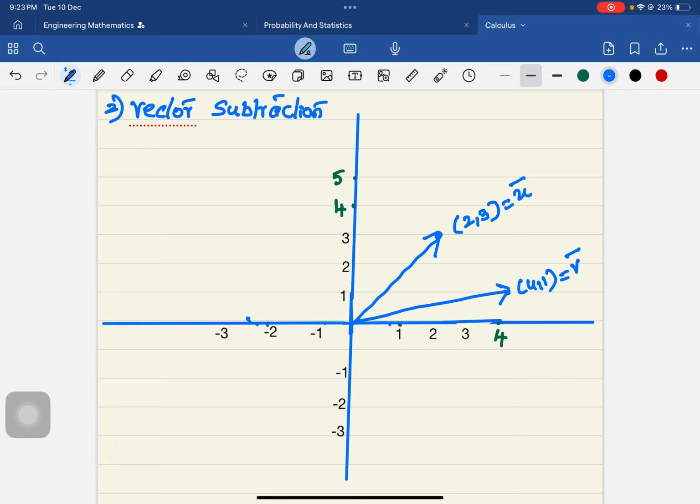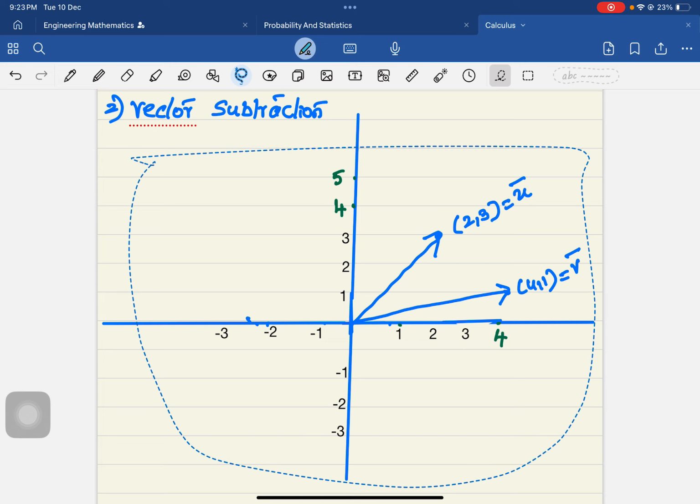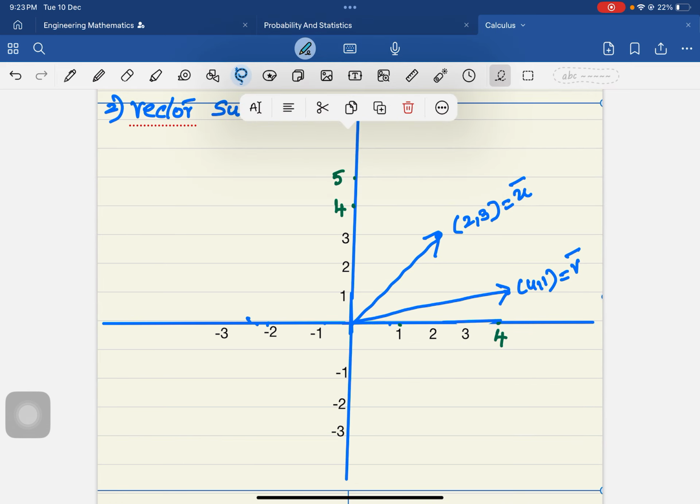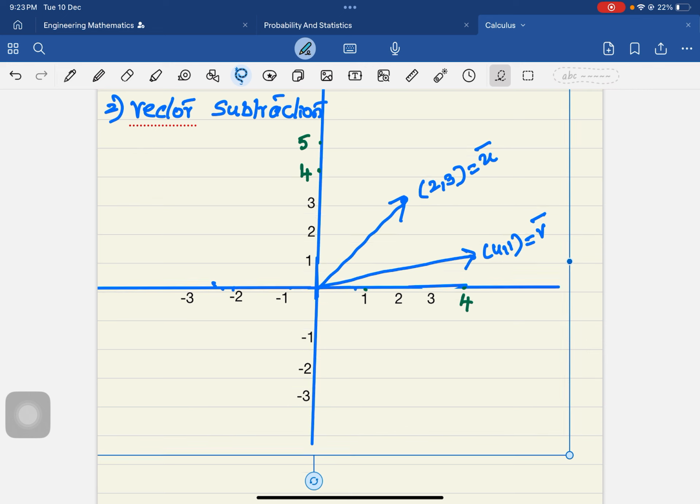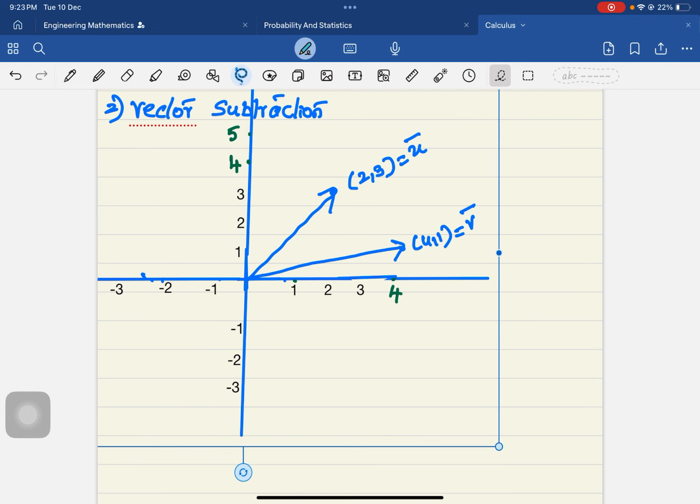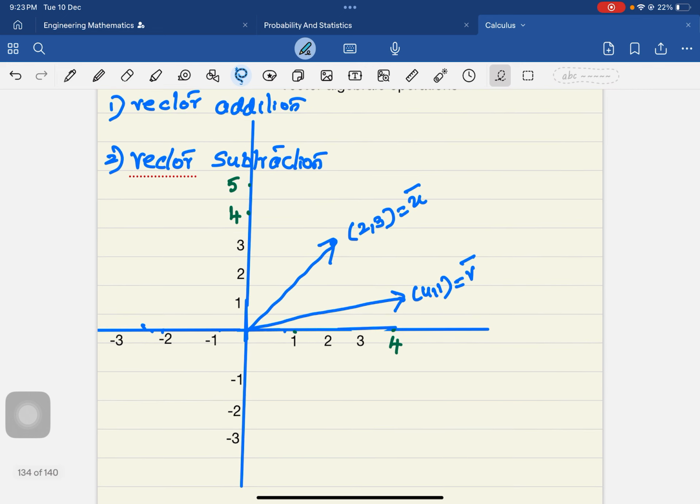Now, we want to see the vector addition of these two vectors, that means u bar plus v bar. So we want to see the addition of the vectors.